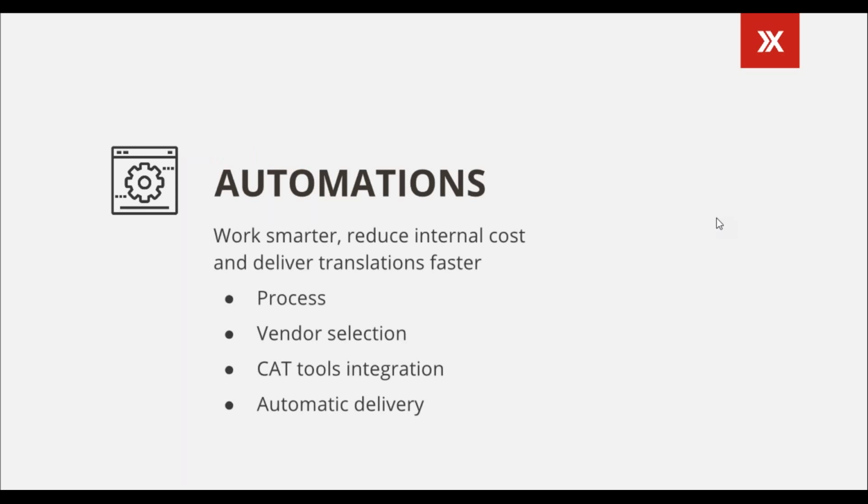Moving on to our next section, these are automations, something that we preached for a long time. And what we want to show you today is how you can start working smarter, not necessarily do more or increase the volumes in some tricky way, but have your work done smarter.